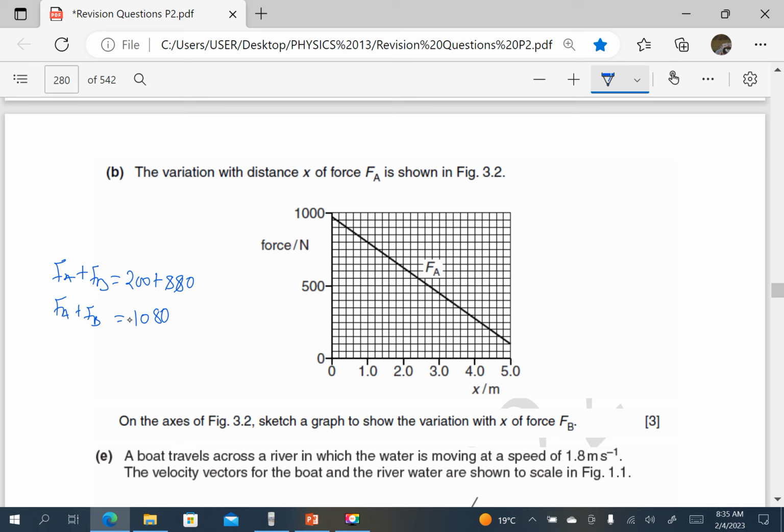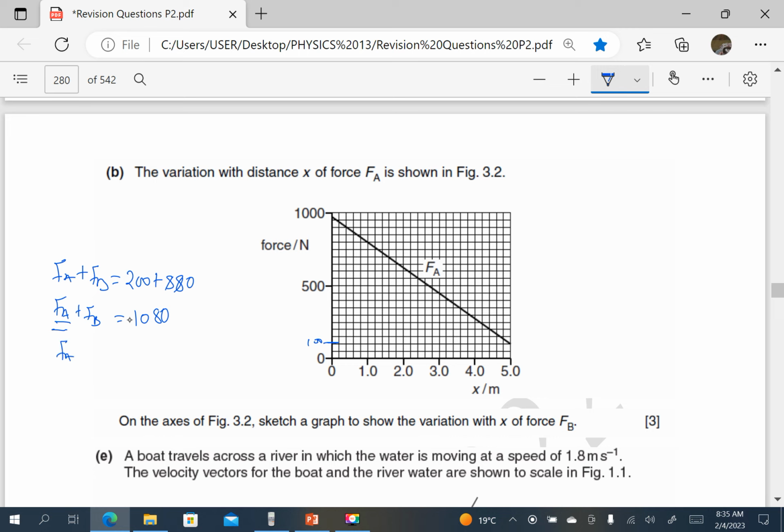So we are seeing that this stops at this point here, and I think this is 100. So when Fa is 100, what is Fb?